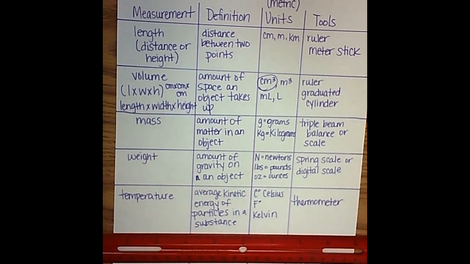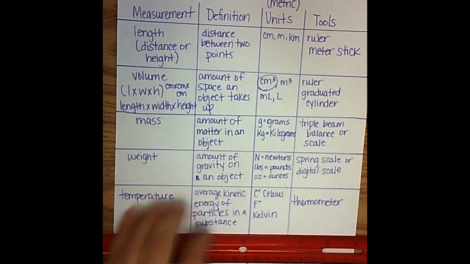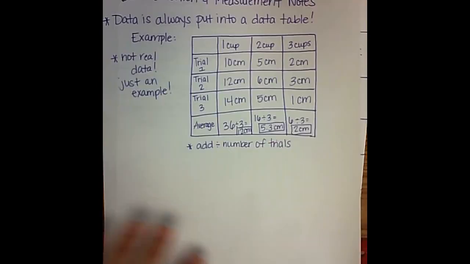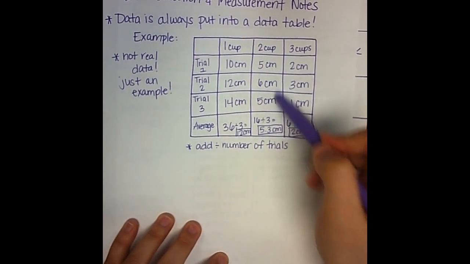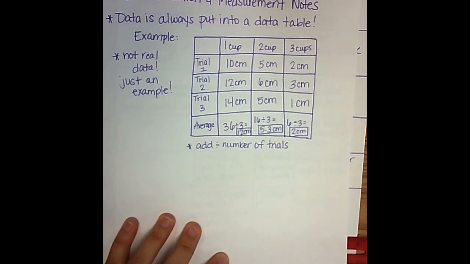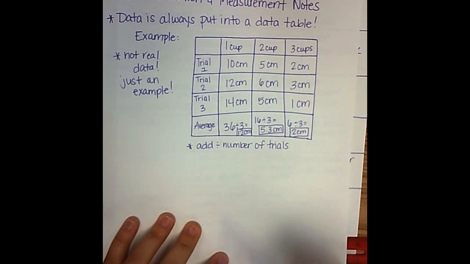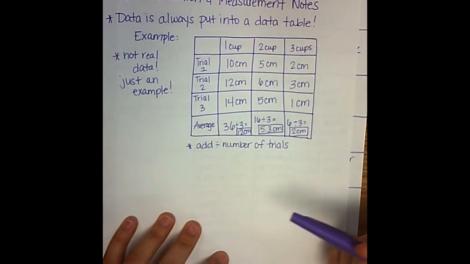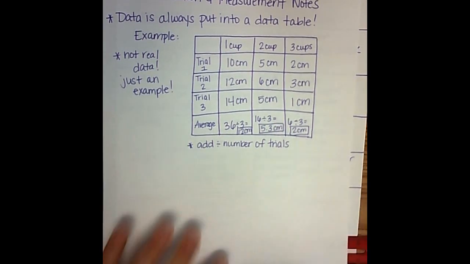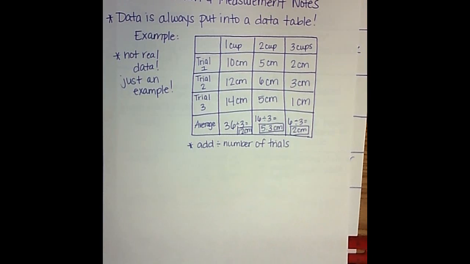The unit always goes behind your measurement. So if you noticed on the data table, I put centimeters behind every measurement that I did, even the average. That's because you can't just write a number. Whoever's looking at this data needs to know what it was measured in. If you just put 14, is that 14 dogs? Is that 14 grams? Is that 14 pounds? Is that 14 inches?